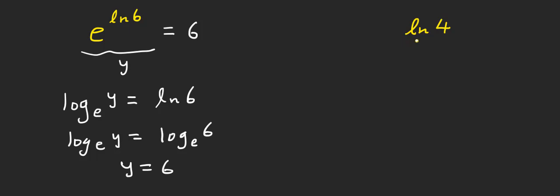And let's evaluate natural log of 4. So natural log is log of base e of 4. And remember, we're going to call this y. And log is exponent. So base e, e to the y, is equal to 4.